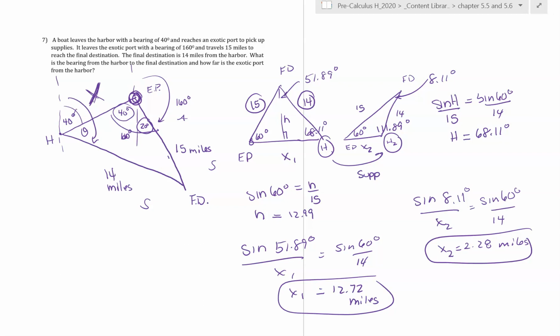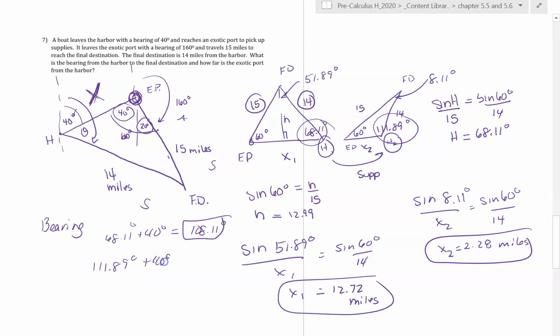They also want the bearing, so we would have to find angle theta, which we already did. We know that that was either 68.11 or 111.89. So as far as the bearing goes, it could either be 68.11 plus this 40 degrees, 108.11, or it could be the 111.89 plus 40 degrees, which would be 151.89.